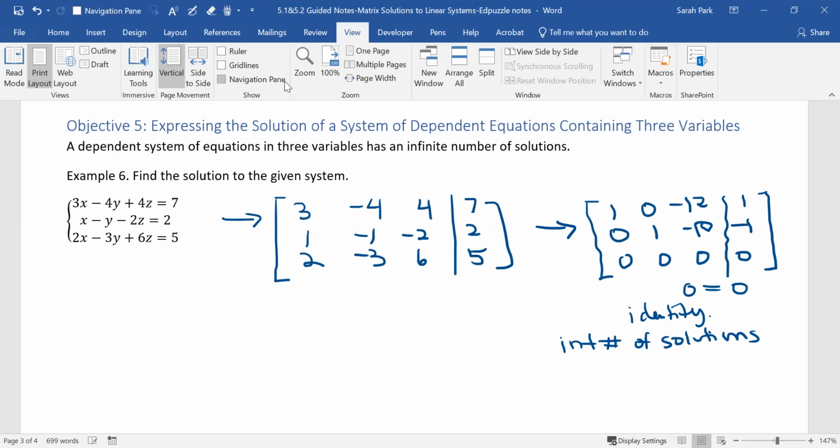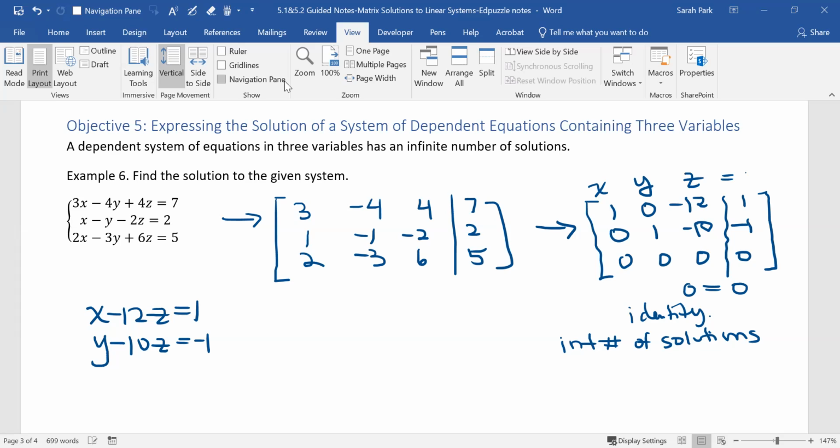So from the first row, we can extract that x minus 12z is equal to 1. From the second row, we can write y minus 10z equals -1. Remember, because the first column is the coefficients for x, and then the second column are the coefficients for y and z, and then we got the constant at the end.